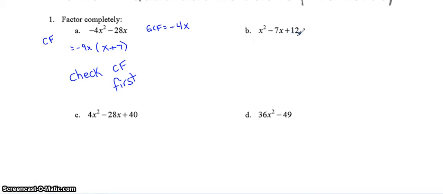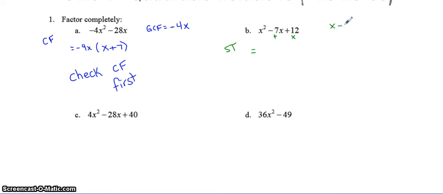The next type of factoring we did dealt with a simple trinomial. So a simple trinomial starts with an x squared, then it has an x term, and then it has a constant. There is no number in front of the x squared term. So all you have to do with simple trinomials is find two numbers that have to multiply to give you 12 and add to give you negative 7.